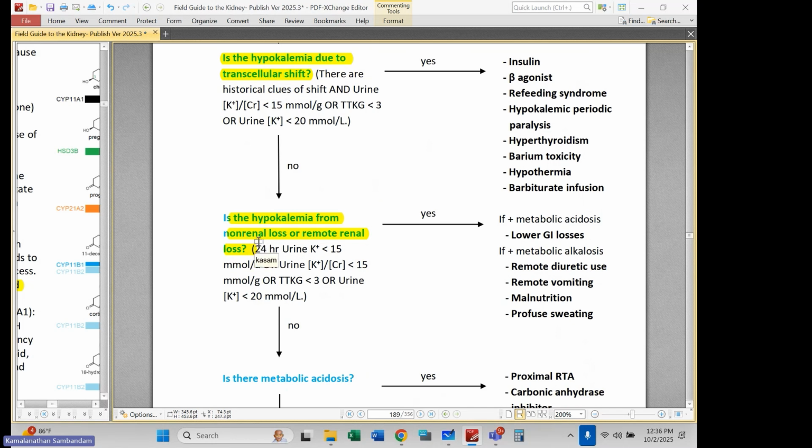Before we go to the text, let's make this point again. Urinary K handling can be interrogated through a number of different tools. Your spot urine K to creatinine ratio is the most common one. The 24-hour urine K can be done. There's the TTKG, which, as I've already stated in a previous week, is probably less accurate than a simple K to creatinine ratio, and that was admitted by the original developers of the TTKG.